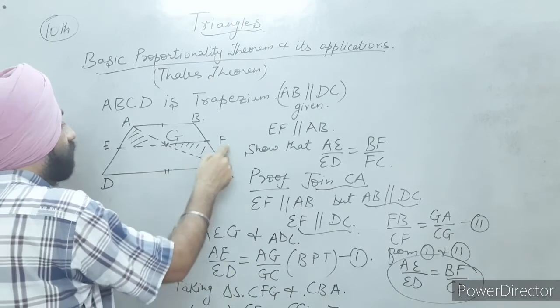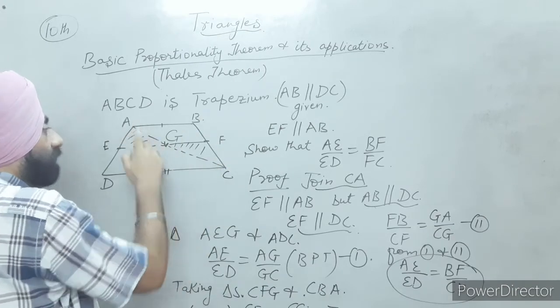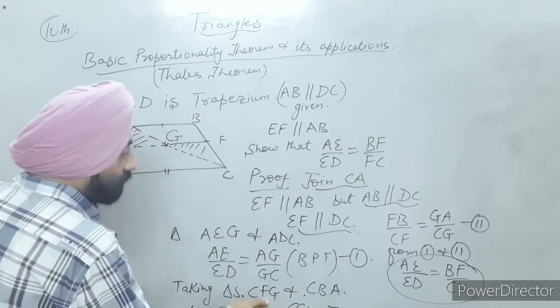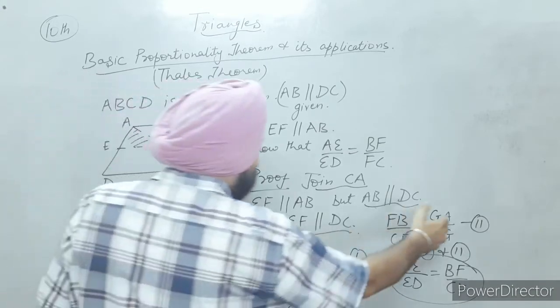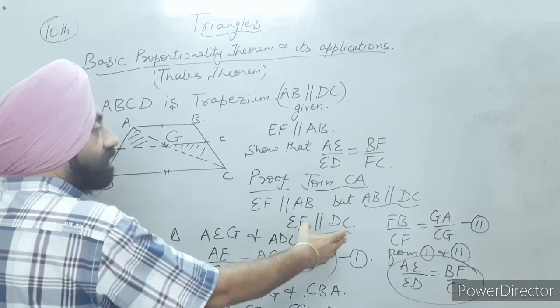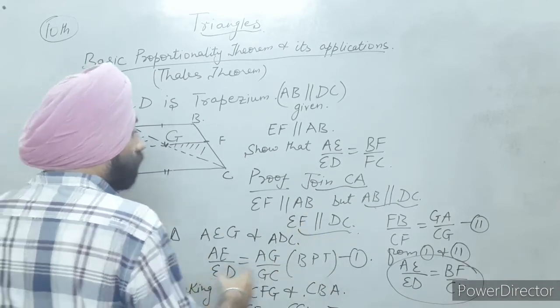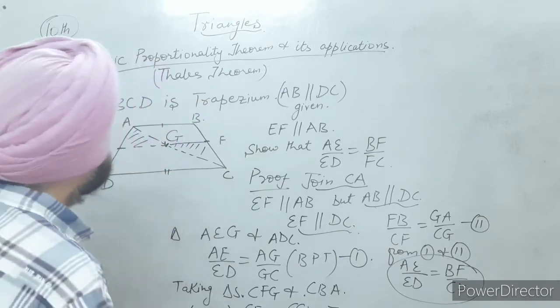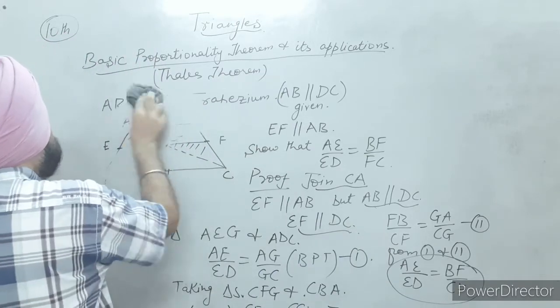Similarly, I took CFG and CBA triangle. Again, I applied basic proportionality theorem. Just took the reciprocals. The right hand sides were the same, so the left hand sides are also equal. That is, AE upon ED becomes equal to FB upon CF.